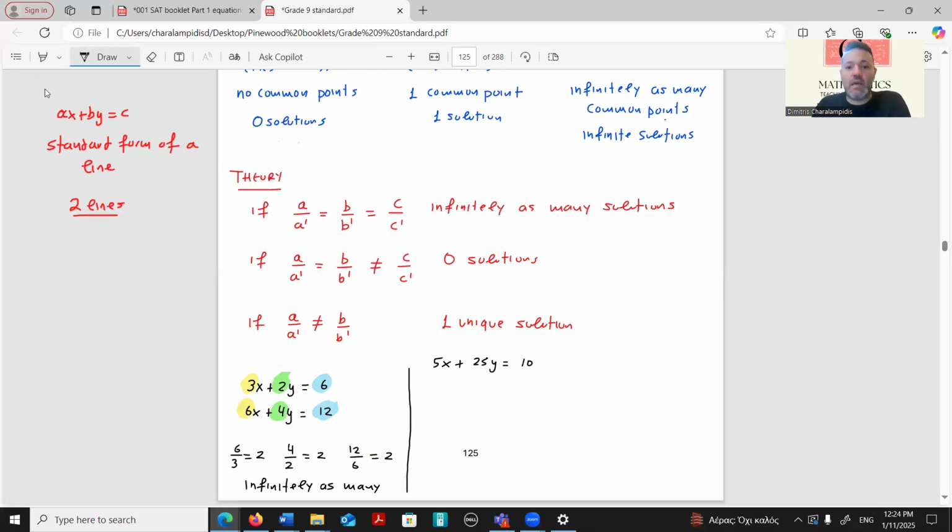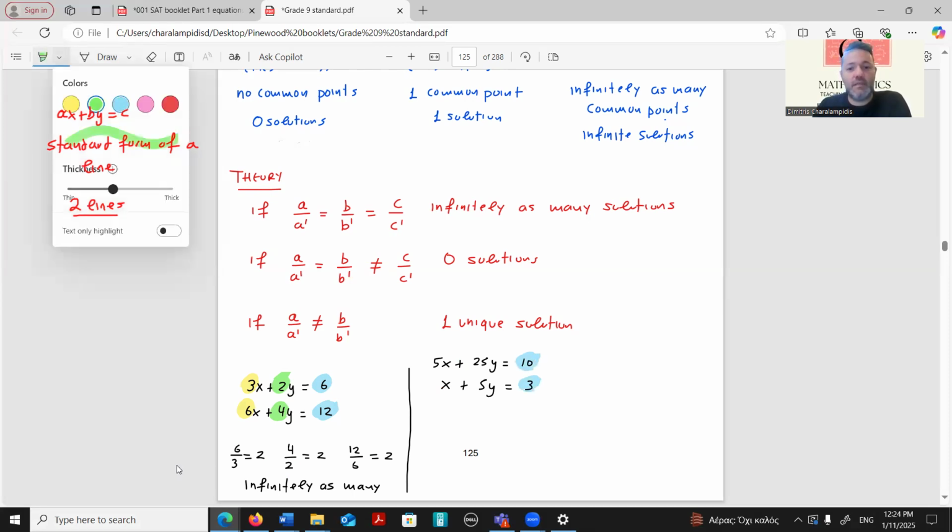Another example, 5x plus 25y equals 10. And then x plus 5y equals 3. Again, let's highlight them. These are the constants. These are the coefficients of y, and these are the coefficients of x.